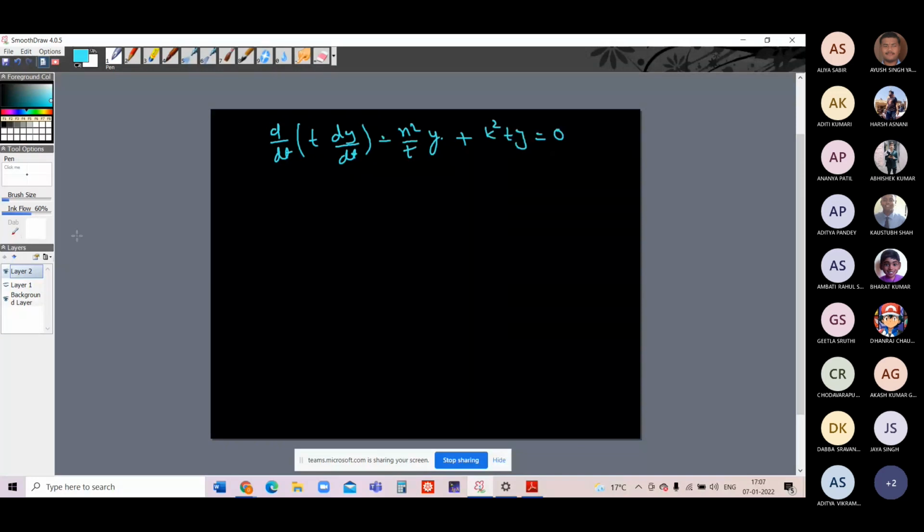So here the modified Bessel differential equation is written in Sturm-Liouville form.